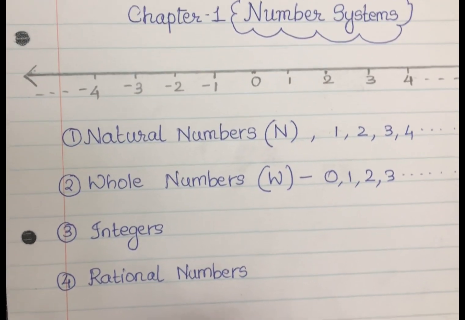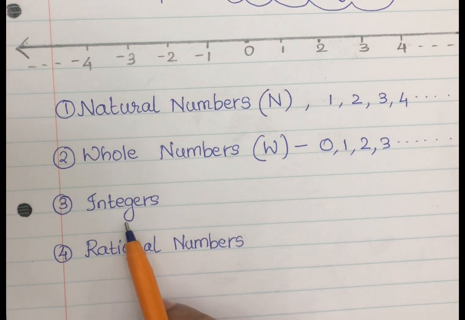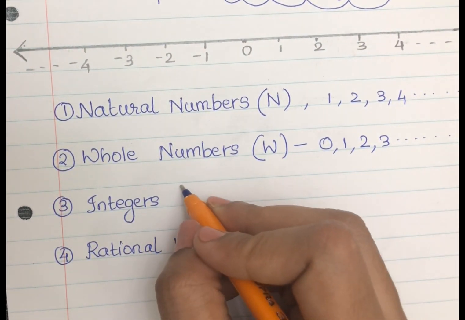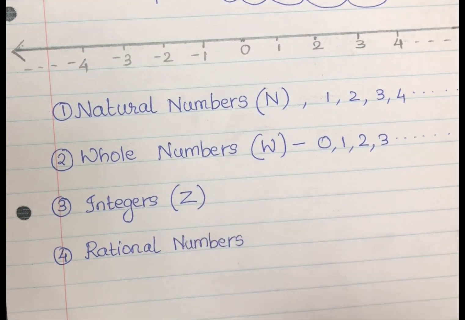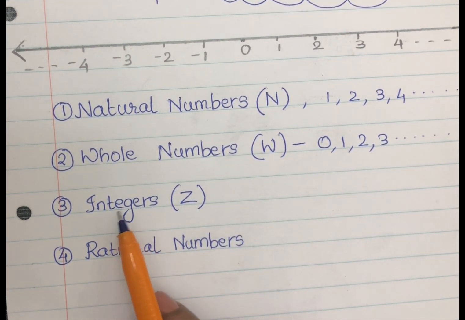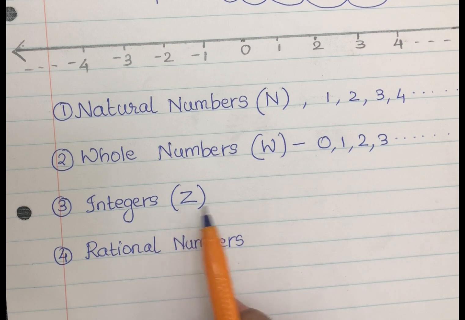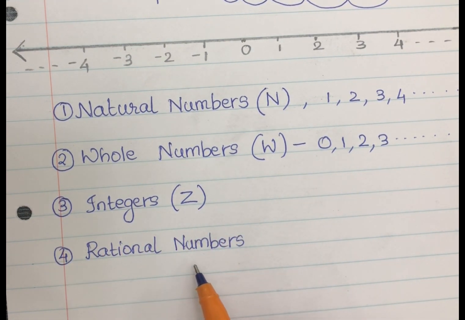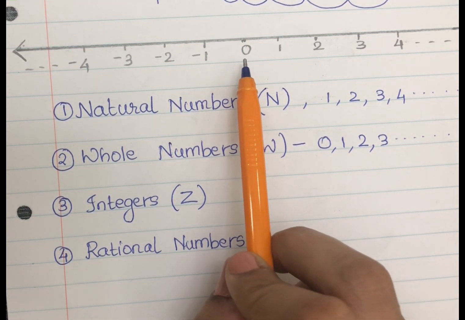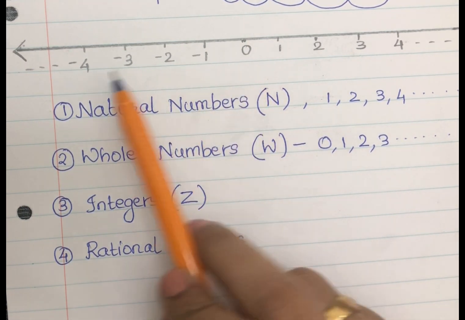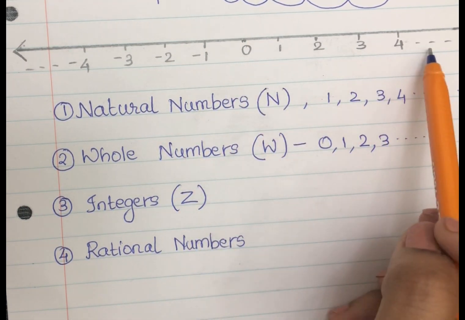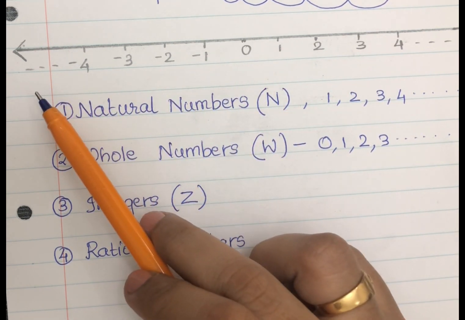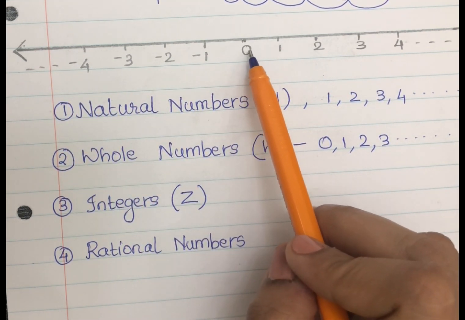And the next category is the integers. We denote integers as Z. And you all know that integers are a group of positive and negative numbers. So when we look onto the number line from 0 to the right and 0 to the left, all are integers.